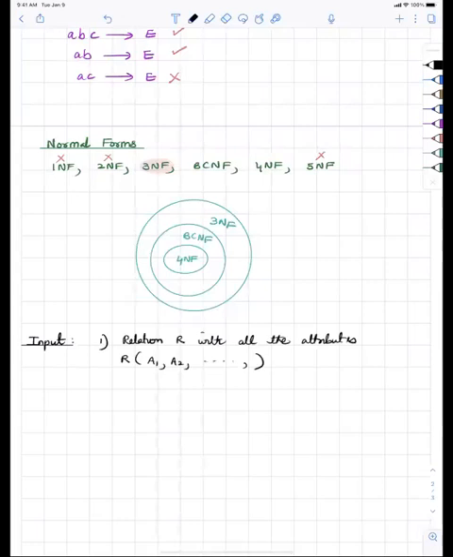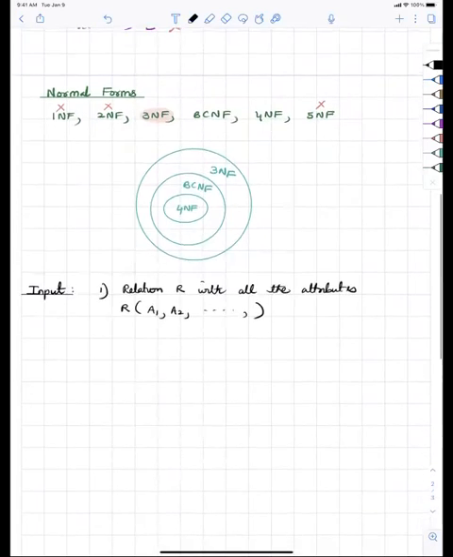You are also given all the functional dependencies on the attributes. Sometimes the functional dependencies are not the minimal set. If they're not the minimal set, minimize them. And I'll be doing all these different algorithms.